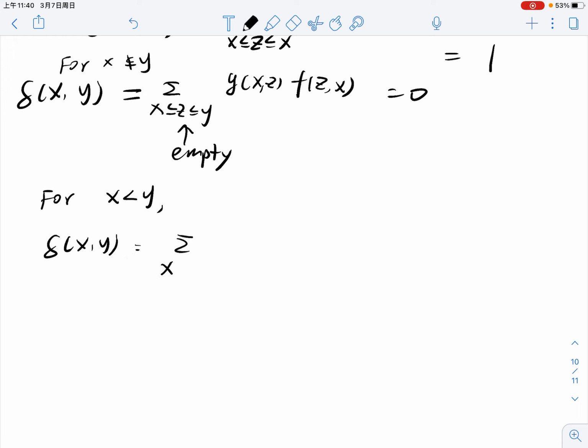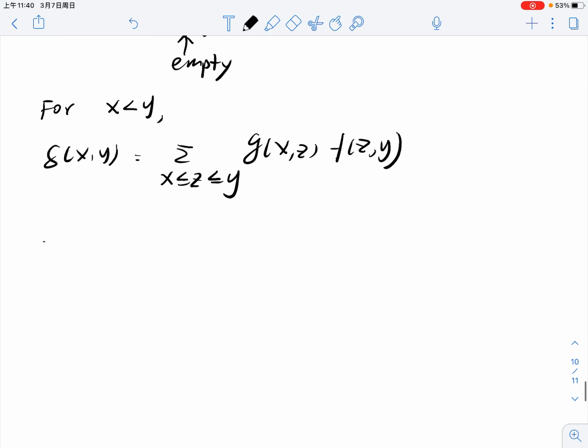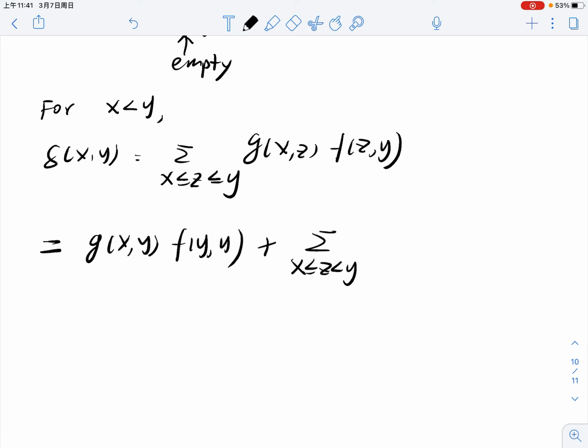Then you will have the sum of g(x,z) f(z,y). If you split this summation into two parts, you will have g(x,y) times f(y,y) plus the summation of g(x,z) f(z,y).